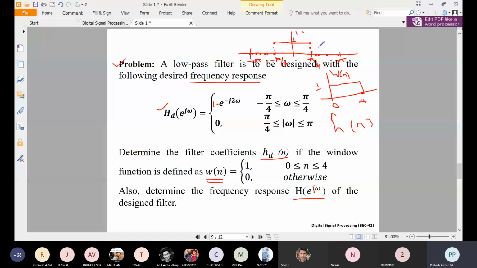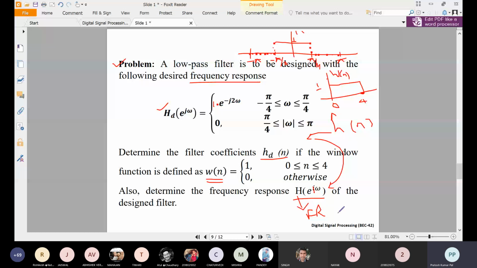Then we will find out h cap of n, and then we will find its frequency response. This frequency response will be given by h of e to the power j omega. So finally, we need to find h of e to the power j omega. This will be the frequency response of our filter, in terms of FIR filters.